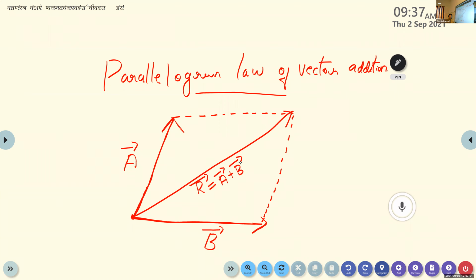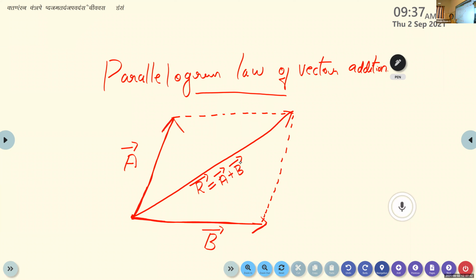But here we consider vector A and vector B as co-initial vectors. They are not in the same order, they are at the same point. These two vectors are starting from the same point. Then we can use the parallelogram law in order to find the resultant vector.